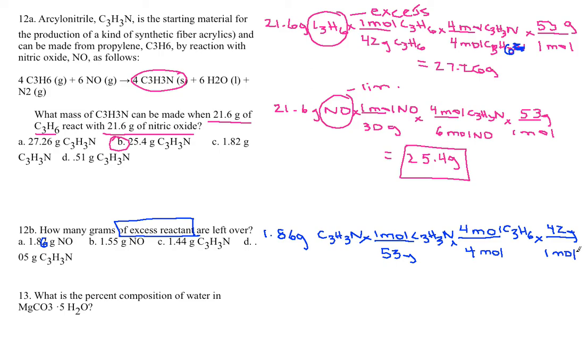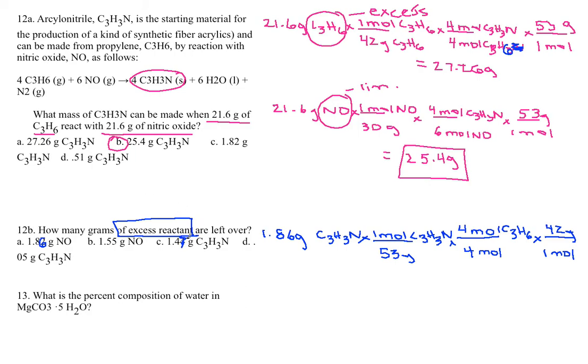Alrighty, so when I do it, 1.86 divided by 53 times 4, divided by 4 is times 1 times 42. I get 1.47, and I'm hoping on my page I corrected this one to 1.47. If I didn't, I'm sorry. This is what I meant to be the answer. Okay, so the answer is C.